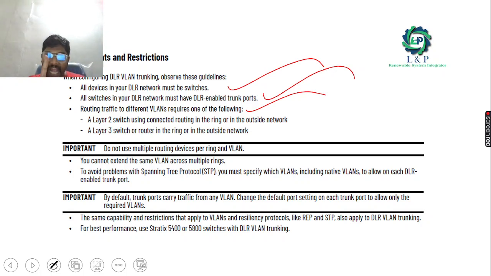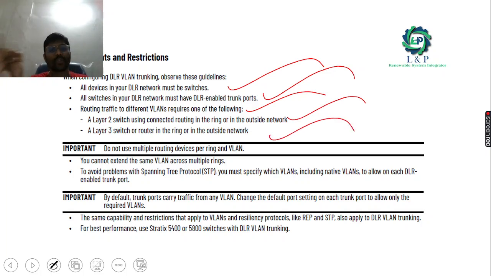First, a layer 2 switch using connected routing in the ring or outside the ring should be there, and a layer 3 switch or a router in the outside network should be there. Next, do not use multiple routing devices as a ring and VLAN. You cannot extend the same VLAN across multiple rings. By default, the trunk port carries traffic from any VLAN.